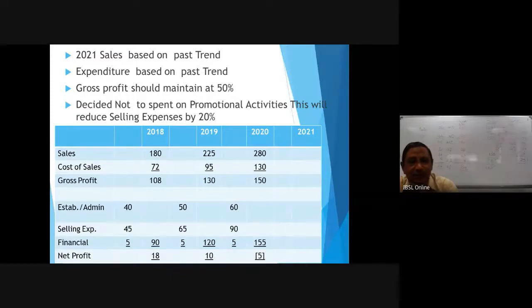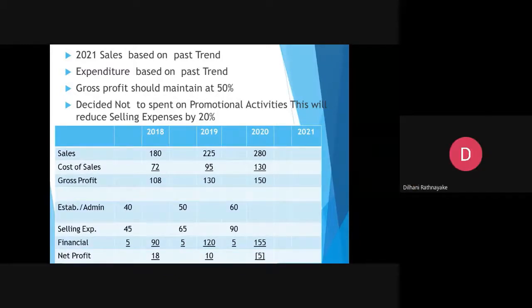Gross profit should be maintained at 50%. Decided not to spend on promotional activities. This will reduce selling expenses. In 2021, a strategical decision was taken not to spend on the promotional activities. So because of this decision of not spending, they can reduce the selling expenses by 20%.